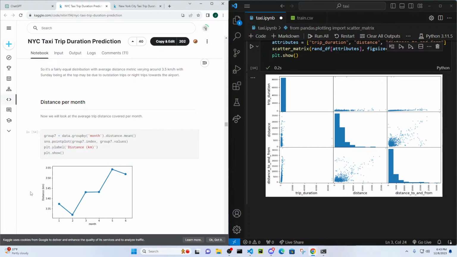Because when you're not on a zero scale, your eyes can trick you into thinking, wow, there's a big difference between one and the other, and when you have the zero scale, you can see, okay, they're nearly the same. Yeah, you can see that it's very small.